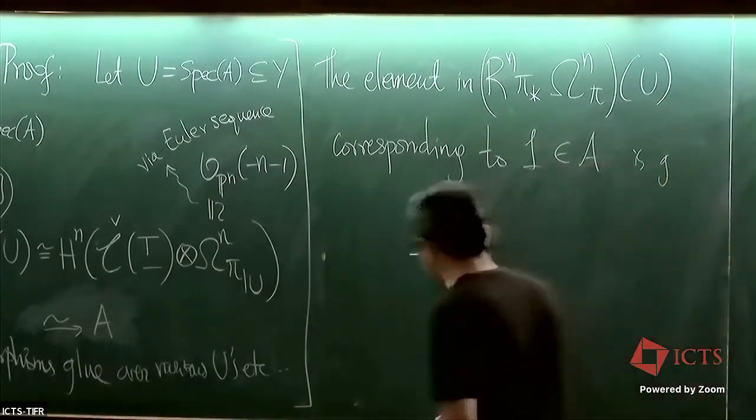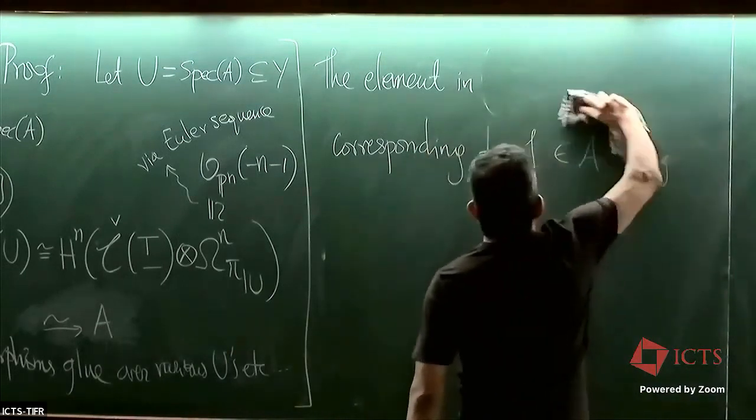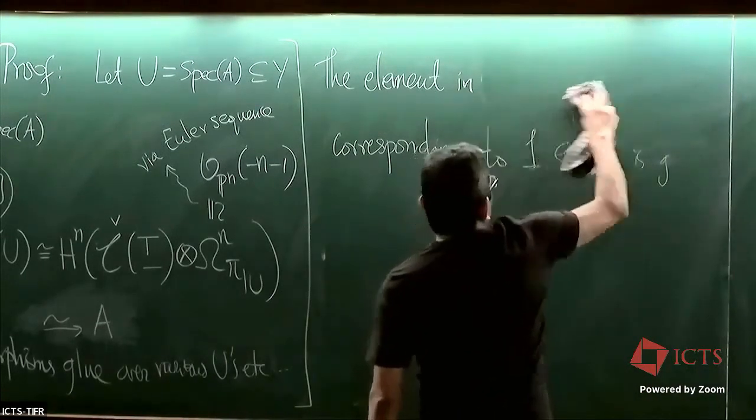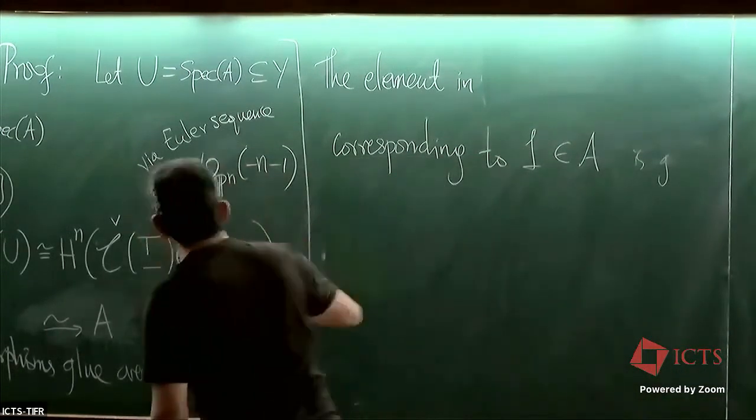Never mind. Sorry. I'm just going to erase this. I want to think of it as a Čech fraction. So I want the next term here, which is this one.